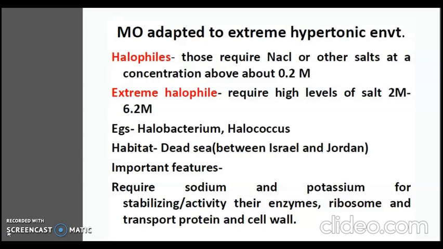They require sodium chloride or other salts at a concentration above about 0.2 molar. Extreme halophiles require high levels of salt ranging between 2 molar to 6.2 molar. Some microorganisms such as Halobacterium salinarium use potassium ions to raise their osmotic concentration.